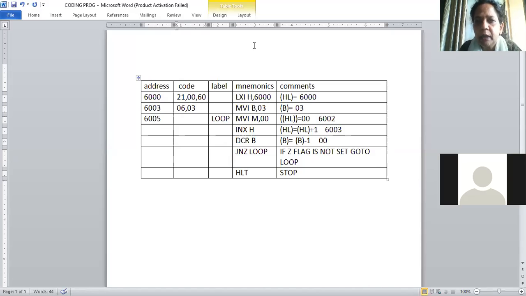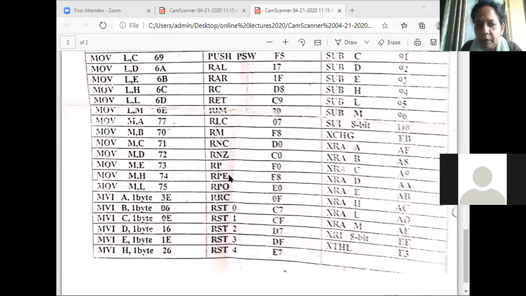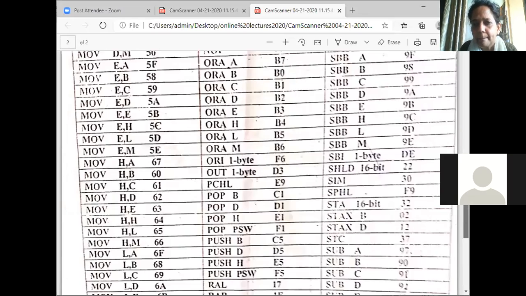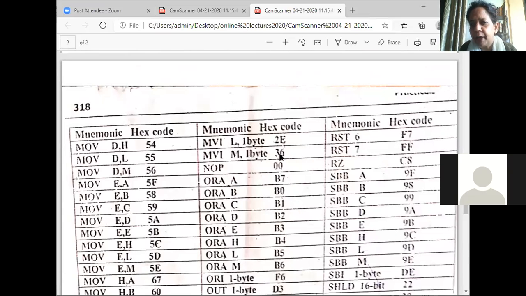MVI M. Can anybody tell me what is the code for that? MVI M, so that we will not waste much time. See, this is your MVI M, 36. And then you need 1 byte more. So 36 plus 1 byte more.